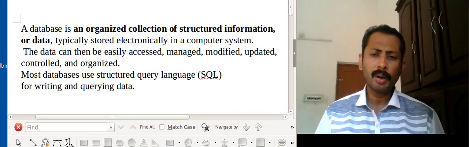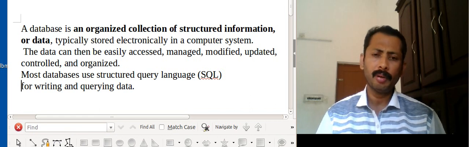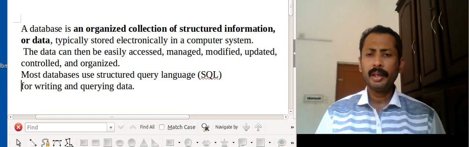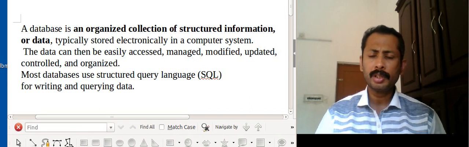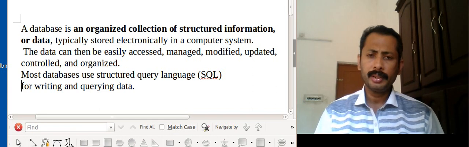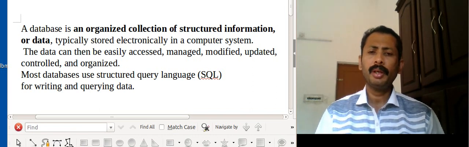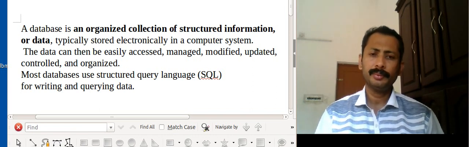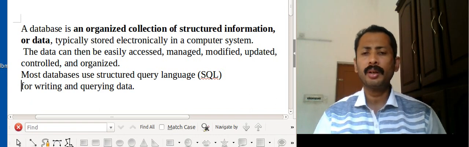This row-column format is called a table or relation, and a collection of tables constitutes a database. So in a database there can be multiple tables, and a table contains different rows and columns.